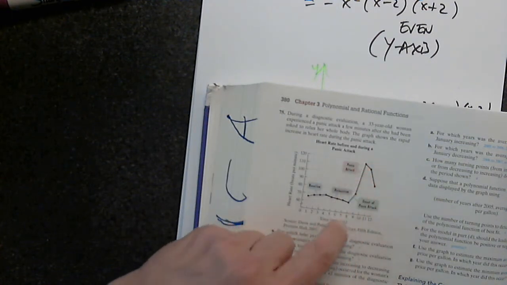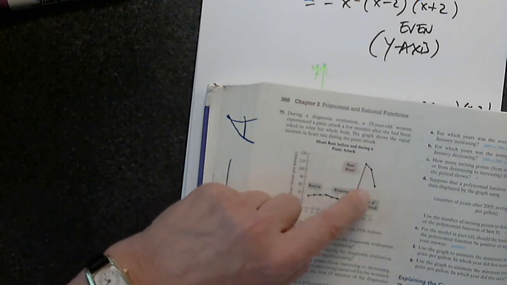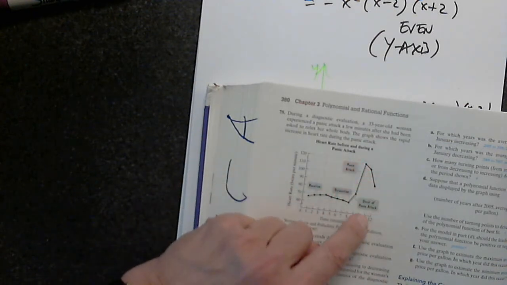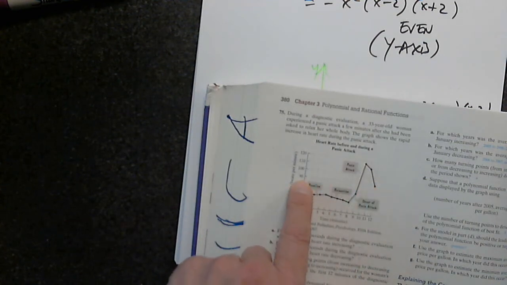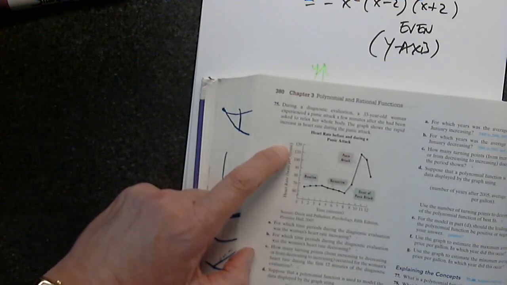At minute 8, something must have happened because it turns around and goes up. It reaches a maximum at minute 10, and then it starts decreasing till minute 12, where it's roughly under 90. Measurement unit, beats per minute.